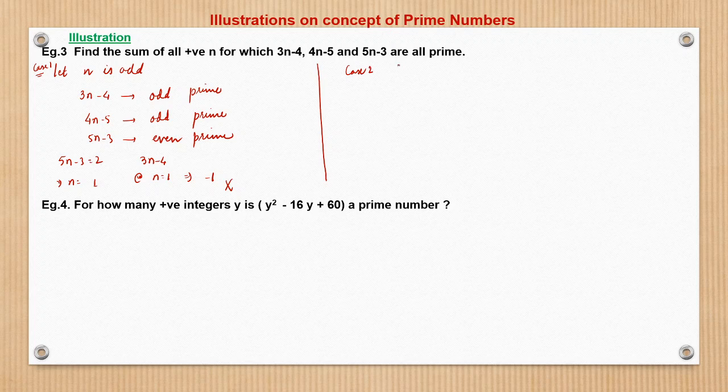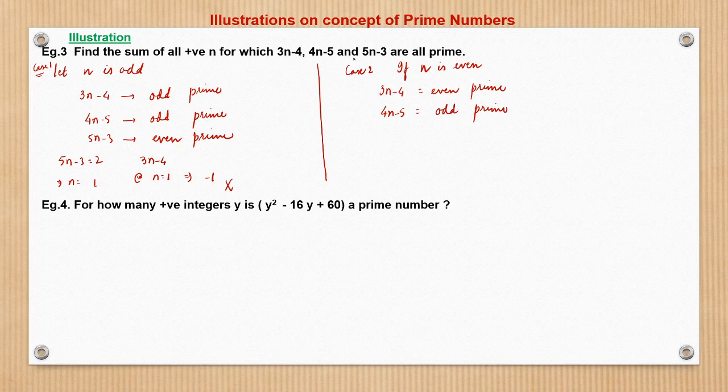So n being odd is not possible. Case 2, if n is even. So what happens in that case? 3n minus 4, when n is even, will be even minus even, which is even prime. Then 4n minus 5, even minus odd, is odd prime.